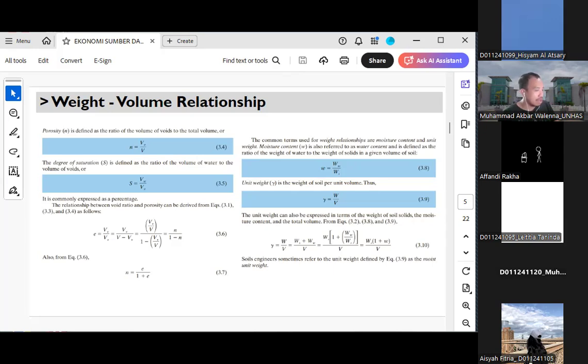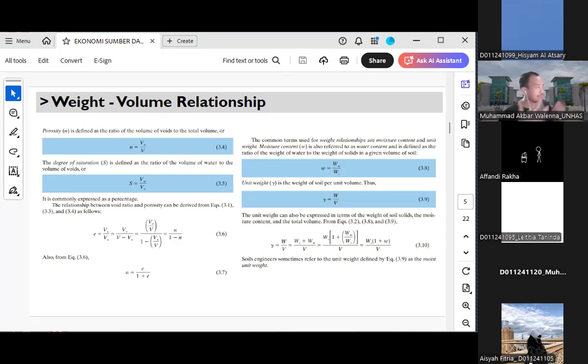A soil with high porosity has a lot of empty space between particles. A soil with low porosity is more tightly packed, meaning it doesn't have empty spaces between the particles because they have been occupied by the solid itself.